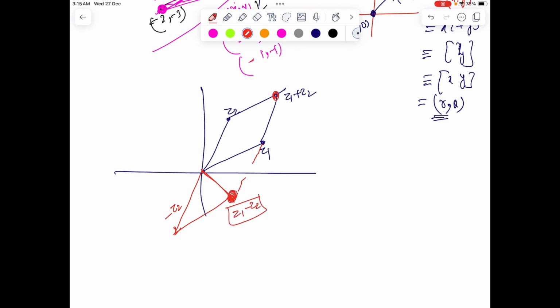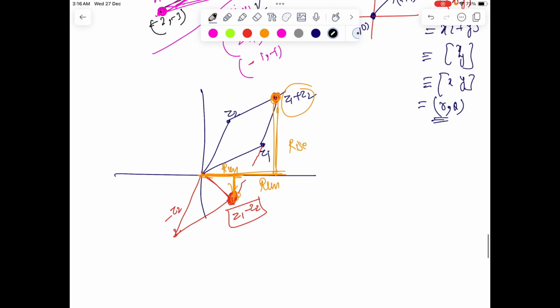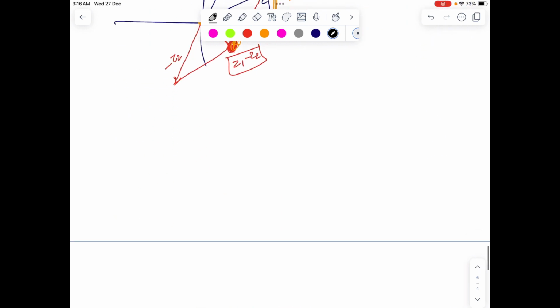Okay, so physically you can see these two coordinates lying over. z1 plus z2 will have some x part, some y part. Similarly, z1 minus z2 will have, you know, run and then right. Okay, run and right. So that's clear how we pictorially see this.